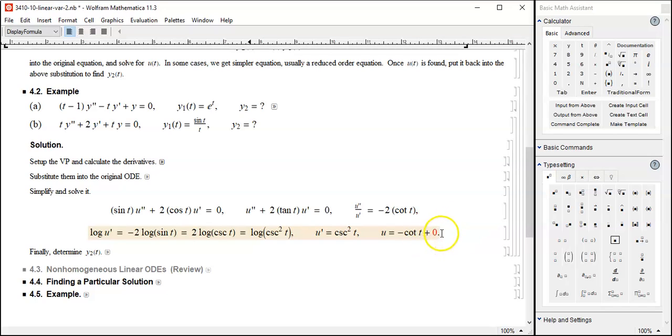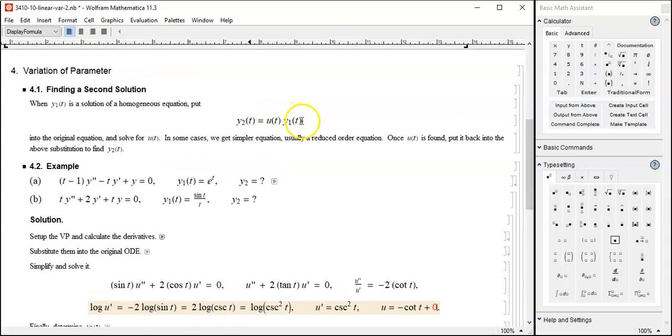As a matter of fact, we have plus c, but we're looking for any specific solution, so I don't need to worry about any kind of constant here, so let's keep it as plus 0. Alright, that's my u. So u times y1 is what we want.